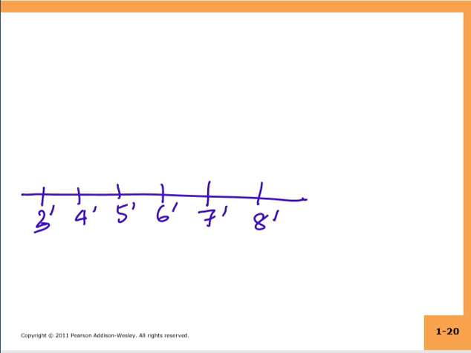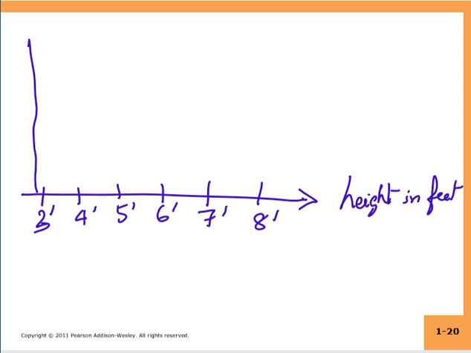So, notice that we are putting it ordered from the smallest value to the largest value. This is true of all probability distribution functions. Suppose this is height in feet, height of individuals, and you will find that most people are between the heights of say something like this.